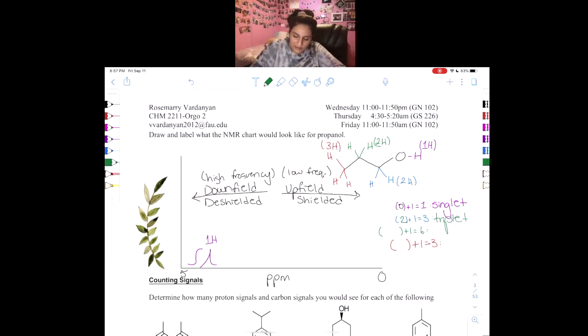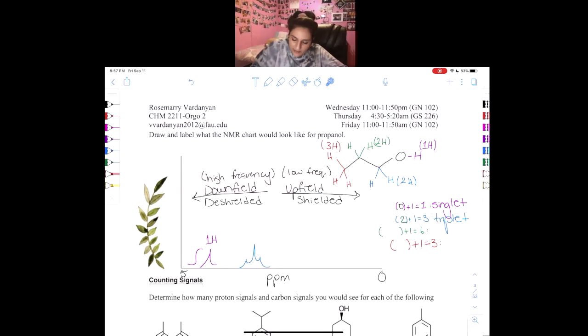The triplet looks like so. 1, 2, 3. And the reason that it is going to be closest to the higher number is because it is closest to the heteroatom.